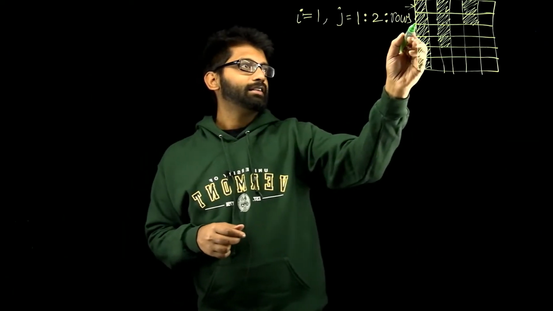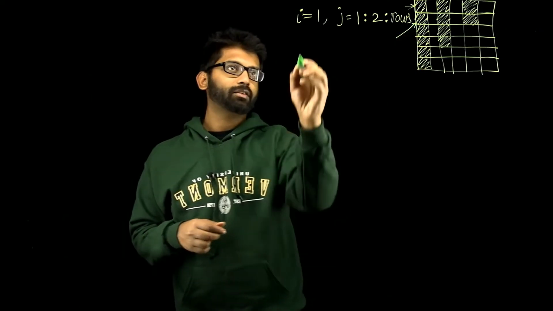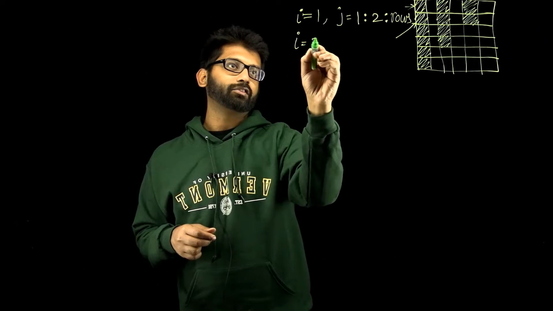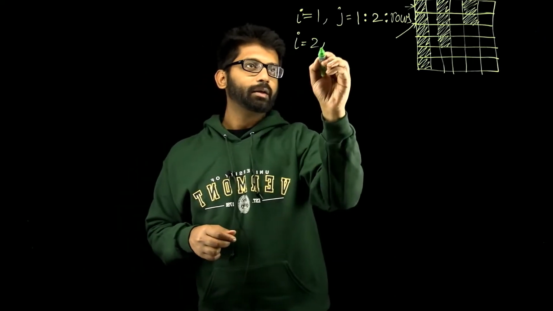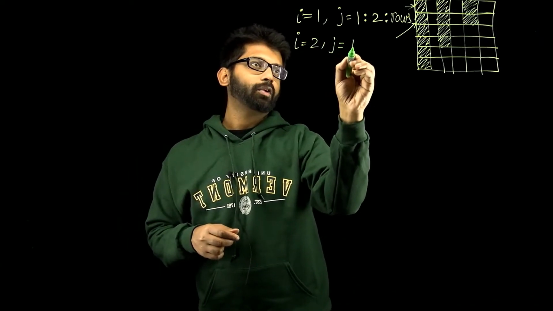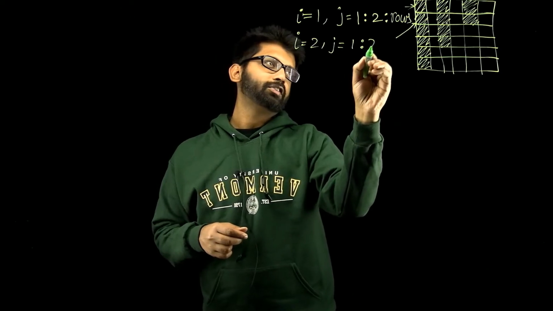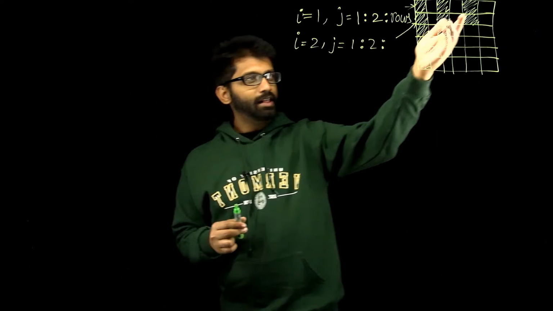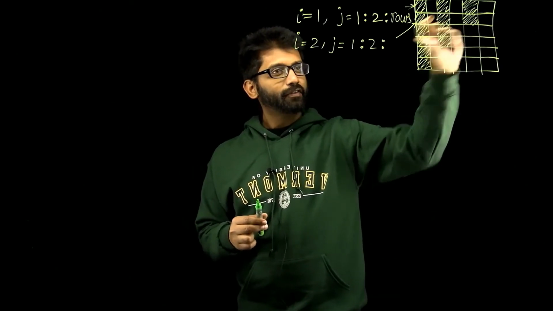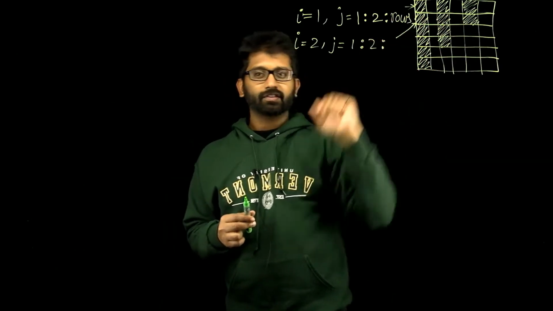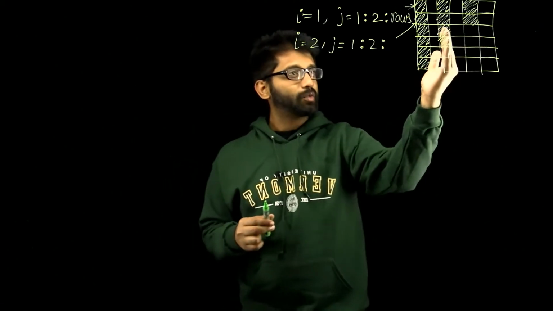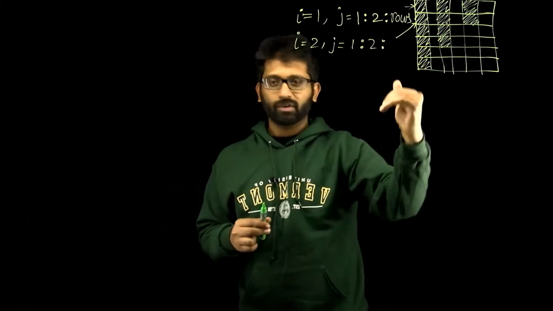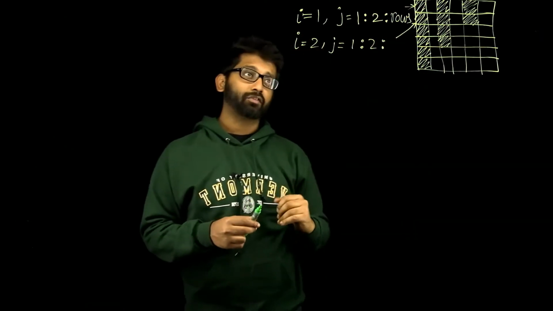Let's look at the second row. When i equals 2, j is 1 colon 2 colon. If you observe closely, the number of column elements that are being selected are decreasing as we go further and further in terms of rows.